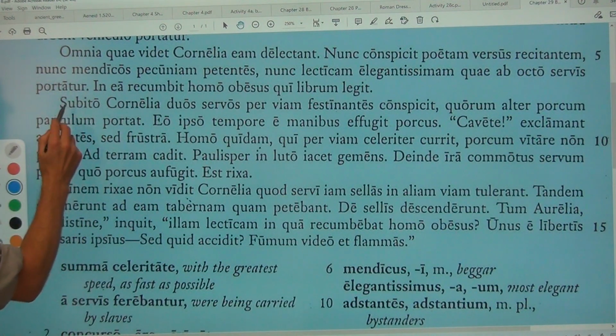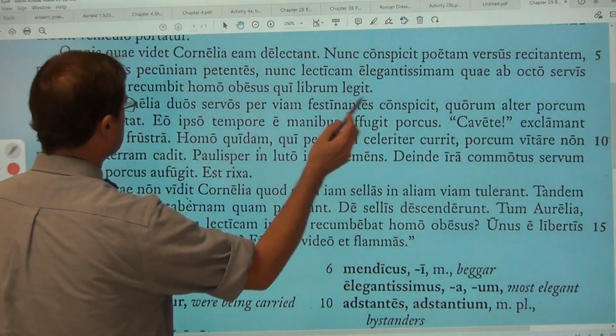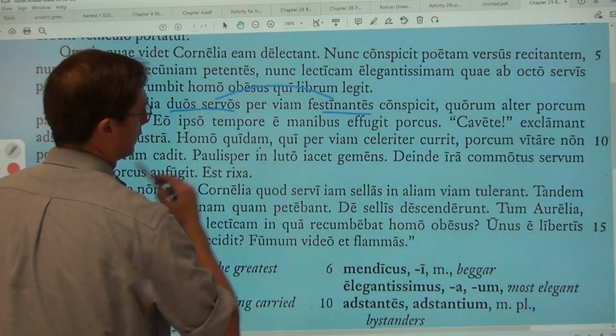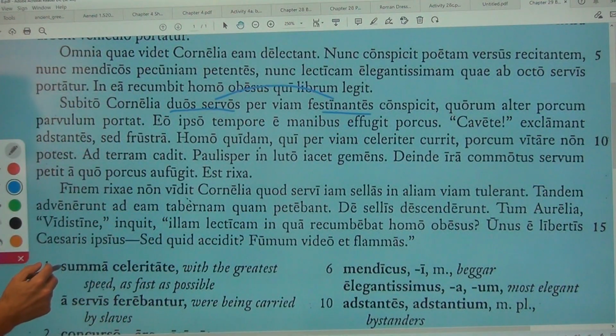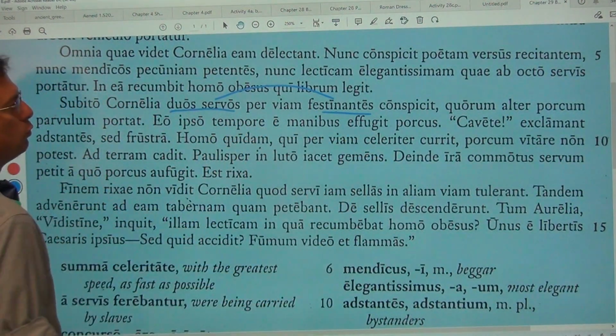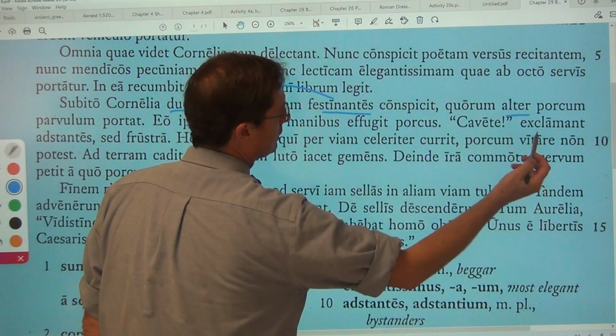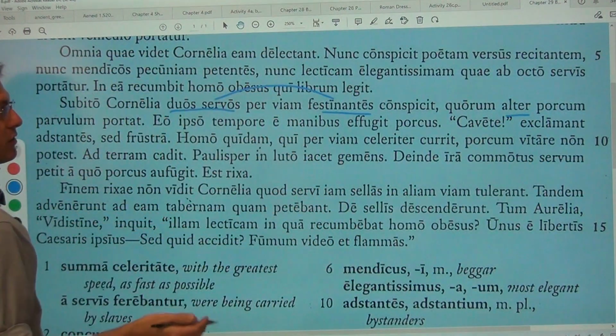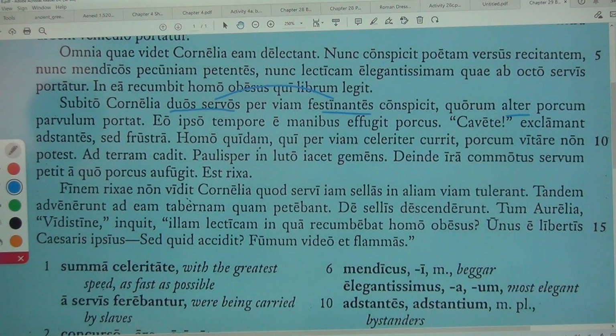Because the street is crowded, it is obviously going to have all the people doing all the stuff simultaneously, the asyndeton. Subito, suddenly Cornelia spots duos servos, two slaves, but what kind? Present active participle modifying it, hurrying through the street. Alter quorum. Remember with the alter, you can always assume that maybe imply that there'll be another alter to follow, and so the one alter is the one, and the other alter will be the other.